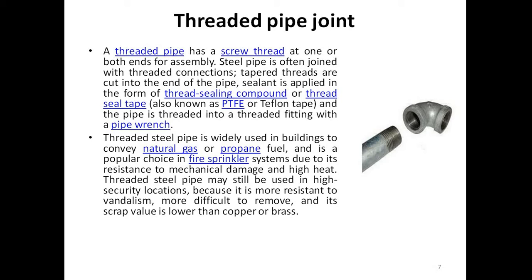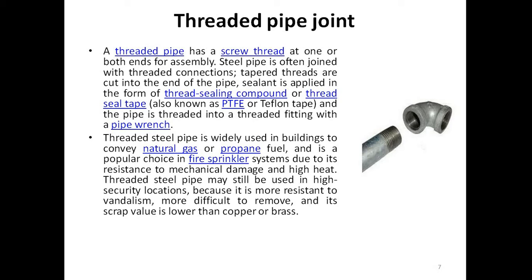A threaded pipe has a screwed thread at one or both ends for assembly. Steel pipe is often joined with threaded connections.